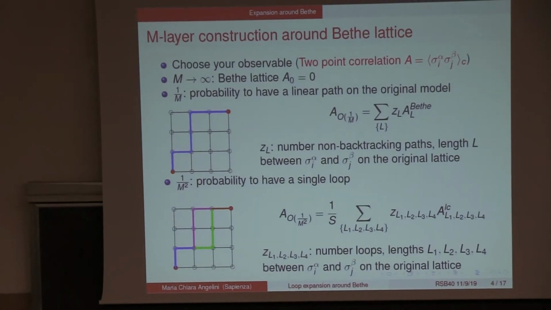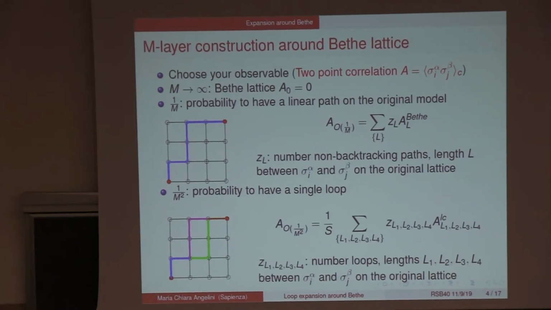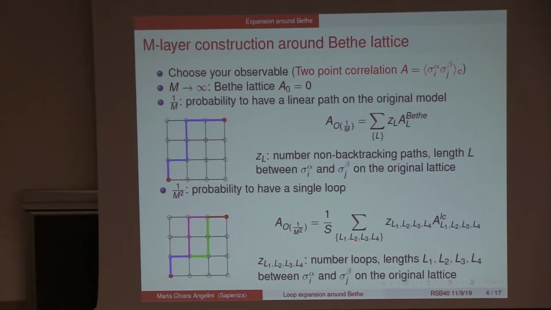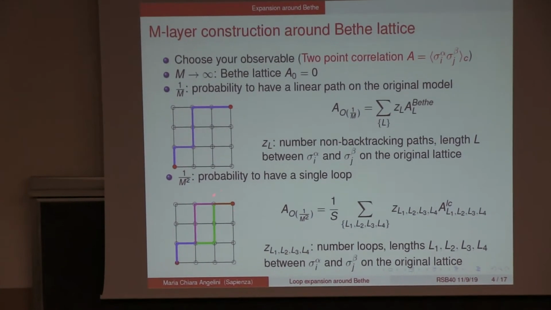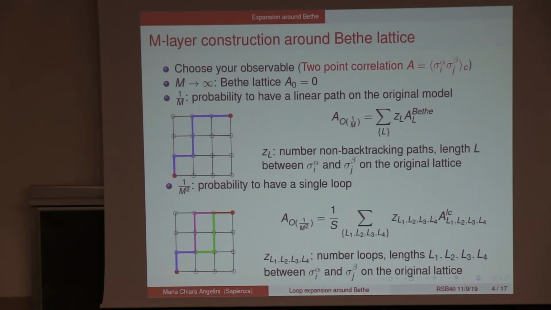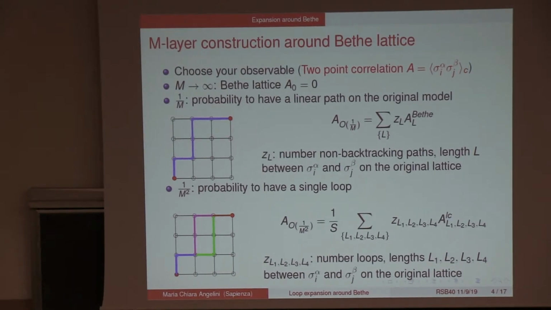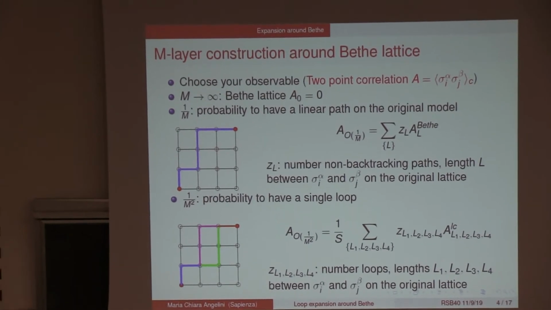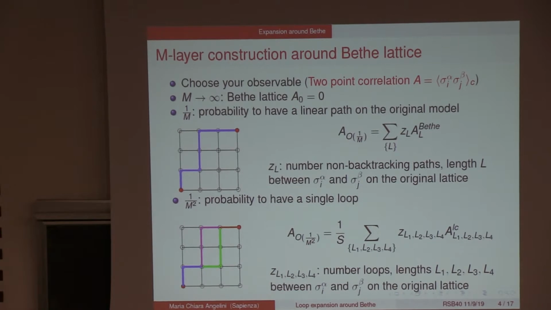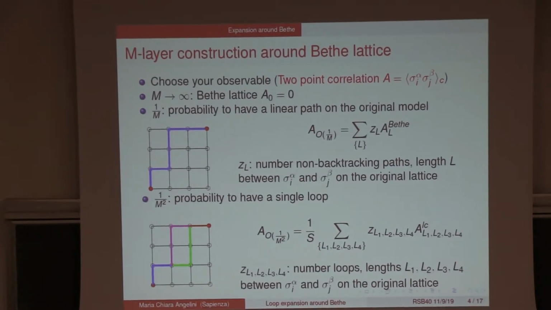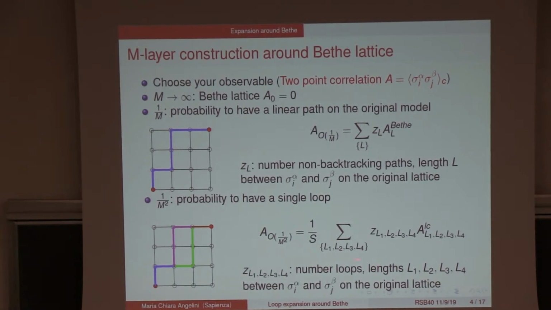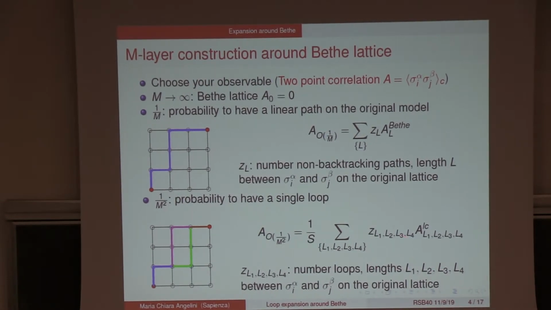In a loop we can identify 4 lengths: L1, L2, L3, and L4. They are the lengths of the single branches of the loop. And so the correlation at order 1 over m squared will be a factor, and the sum over all these lengths of the number of such loops multiplied by this thing.